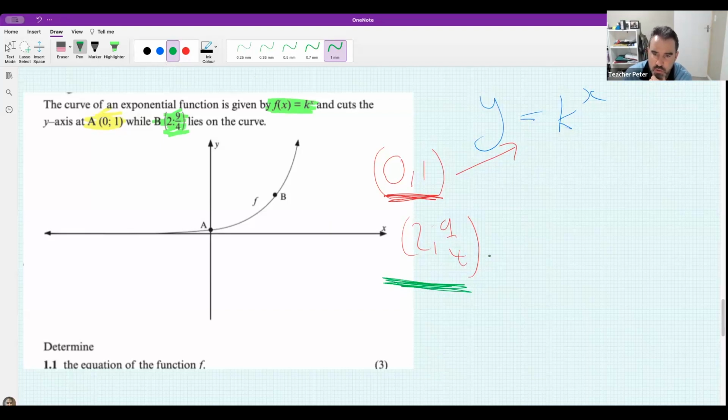So what I want you to do is sub that point in. You won't be able to use (0, 1) because (0, 1) will kind of destroy the k. And I want you to try and find what k value you would get.